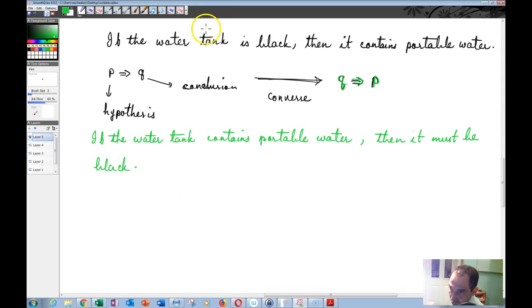These are two completely different things; the meaning is completely different. Here, your hypothesis, or the condition, is that the water tank has to be black, and then if it is black, it contains portable water. But in the second case, the condition is that if the water tank already contains portable water, then it must be black.